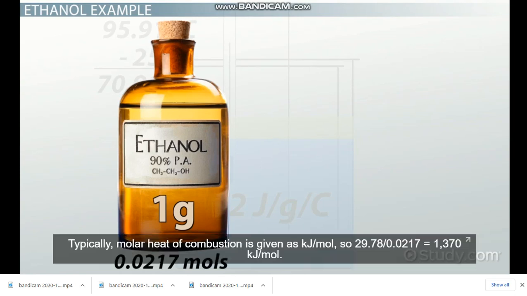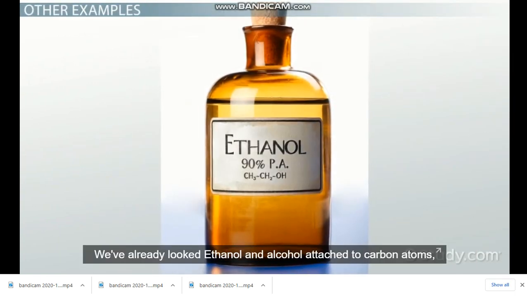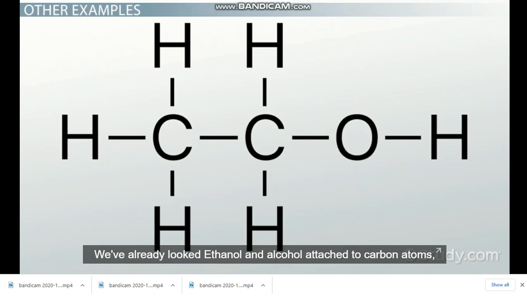Typically, molar heat of combustion is given as kilojoules per mole, so 29.78 divided by 0.0217 equals 1,370 kilojoules per mole.